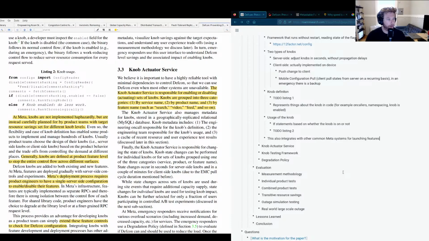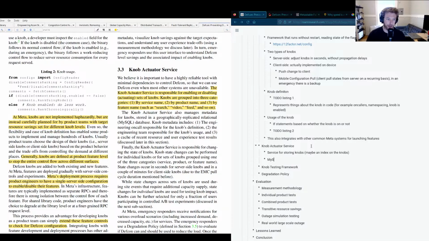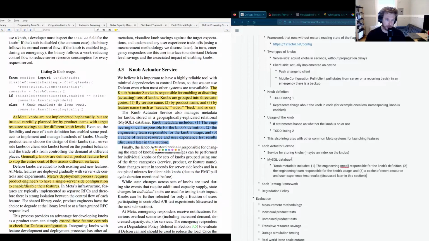So they have a service for storing knobs, which may be indexed on the knobs, and it's a MySQL database. Not super fancy. I assume it's not super large as well. But I could be wrong.